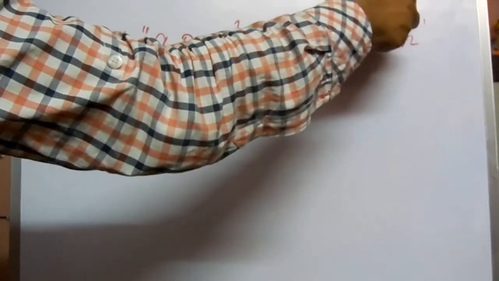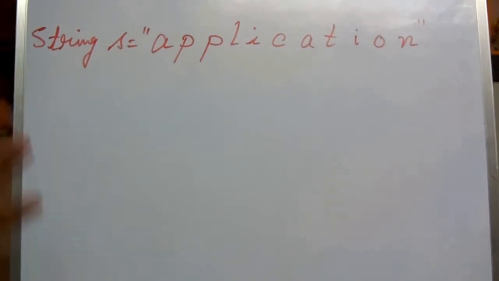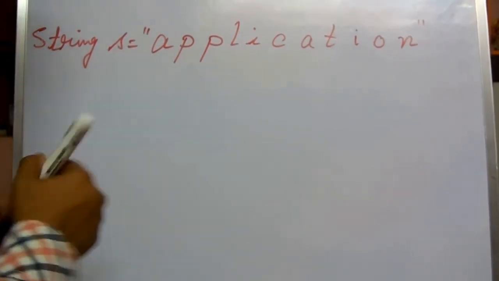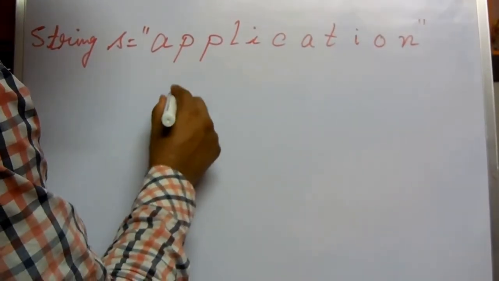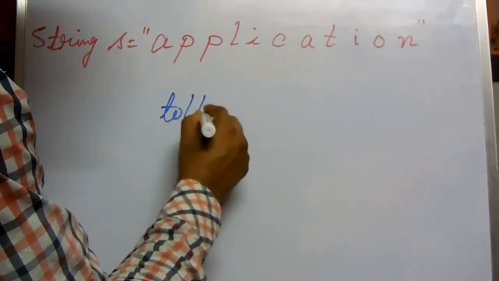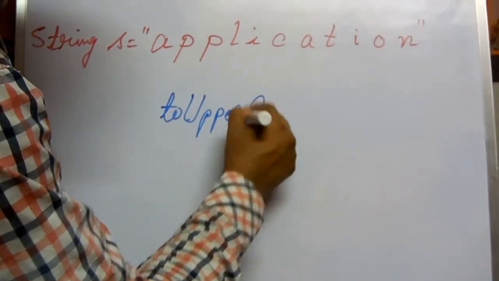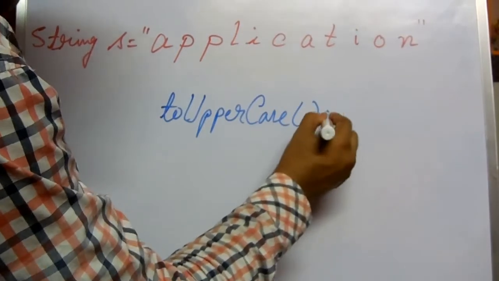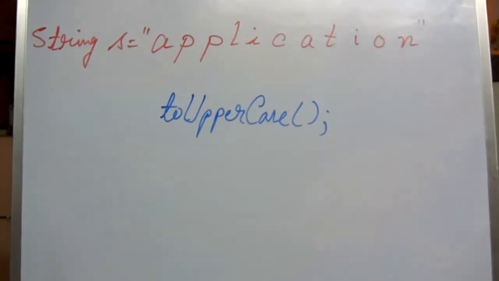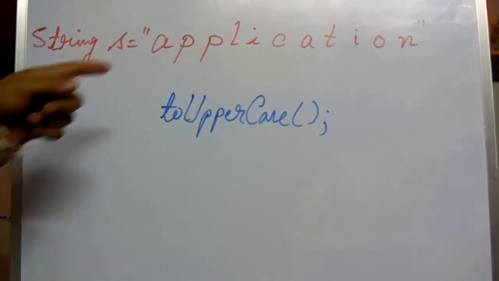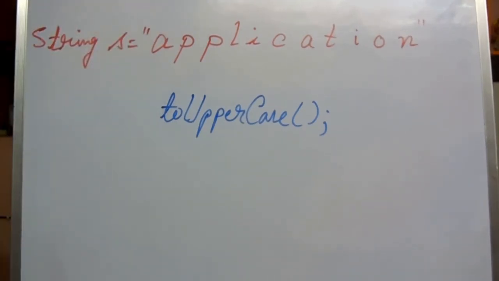Directly, whatever group of words or string is present, if we use the toUpperCase method, it does not take any argument. If we apply the toUpperCase method, then the full string will be converted into capital letters, each and every character.